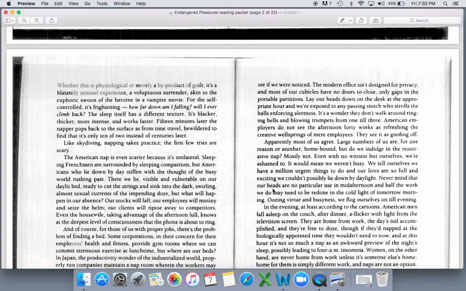Lay our heads down on the desk at the appropriate hour, and we're exposed to any passing snitch who strolls the halls enforcing alertness. It's a wonder they don't walk around ringing bells and blowing trumpets from 1 till 3. American employers do not see the afternoon 40 winks as refreshing the creative wellsprings of mere employees. They see it as goofing off."